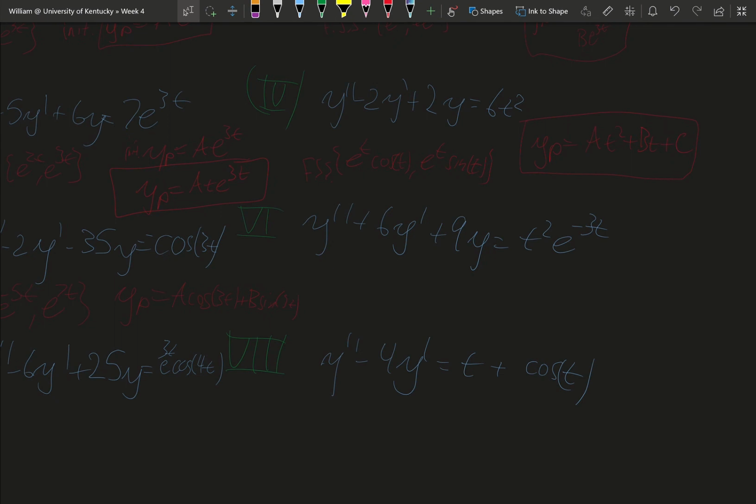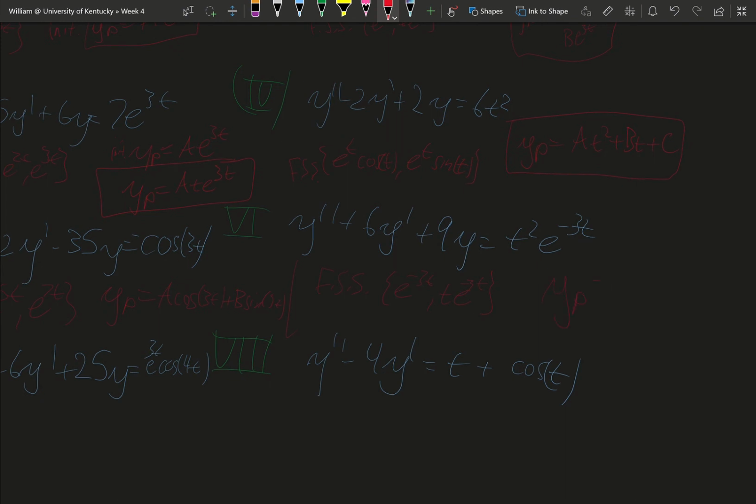Here, our fundamental set of solutions is e to the negative 3t and t e to the negative 3t. And this one's pretty important. So our initial guess would be something like this.